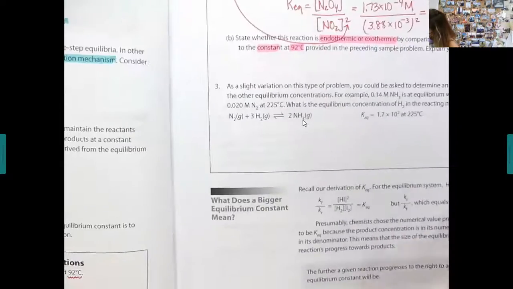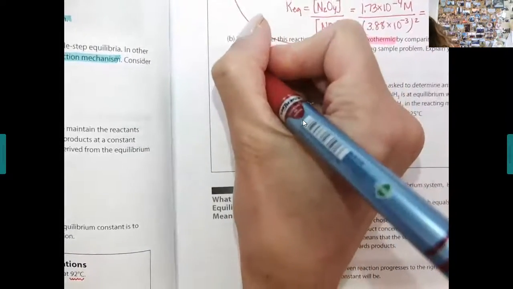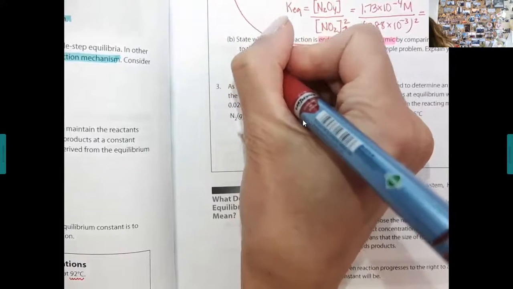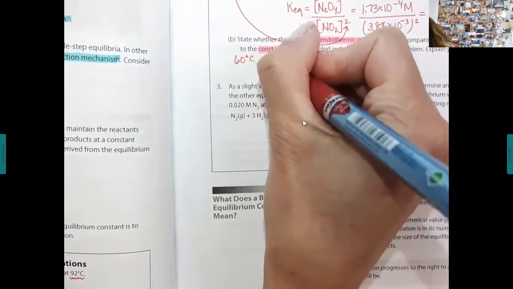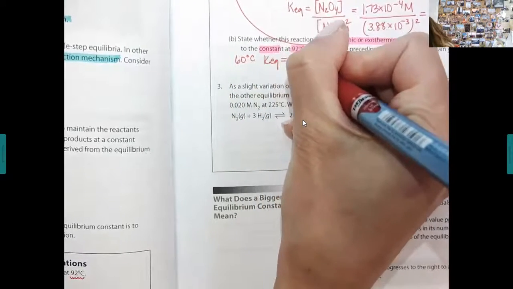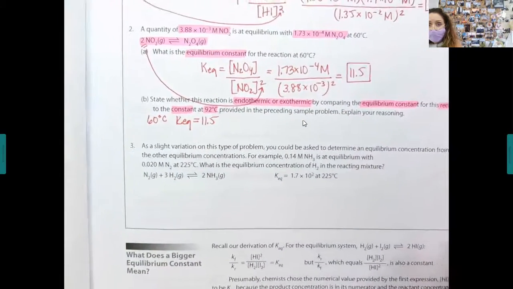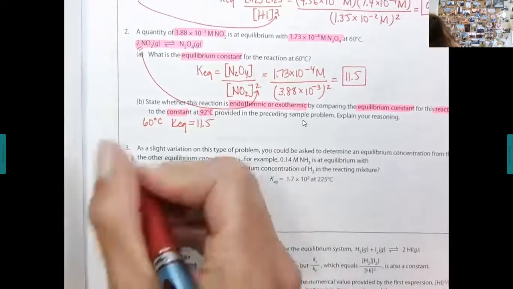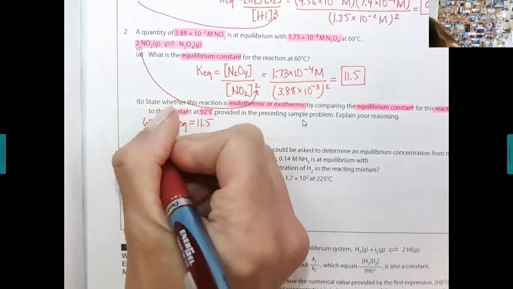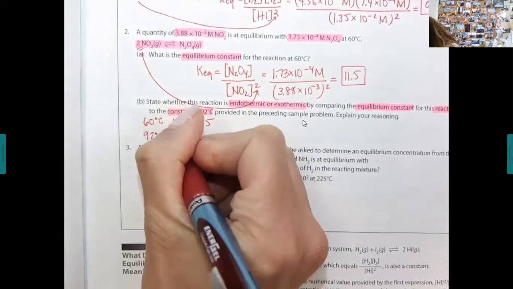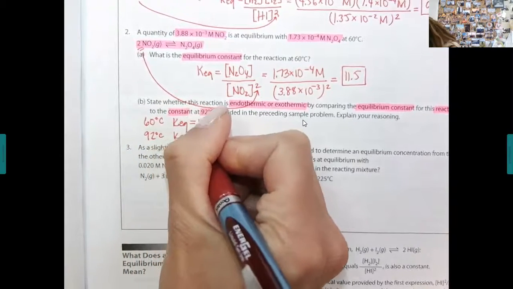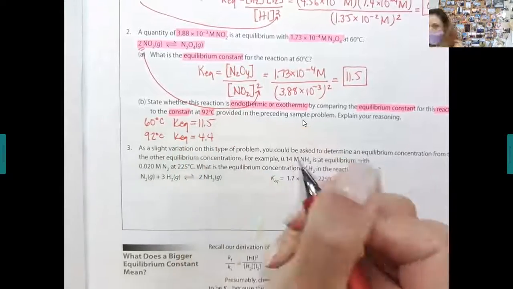So over here at 60 degrees Celsius, the KEQ value was 11.5, okay? And then at 92 degrees Celsius, the KEQ value was 4.4, okay?